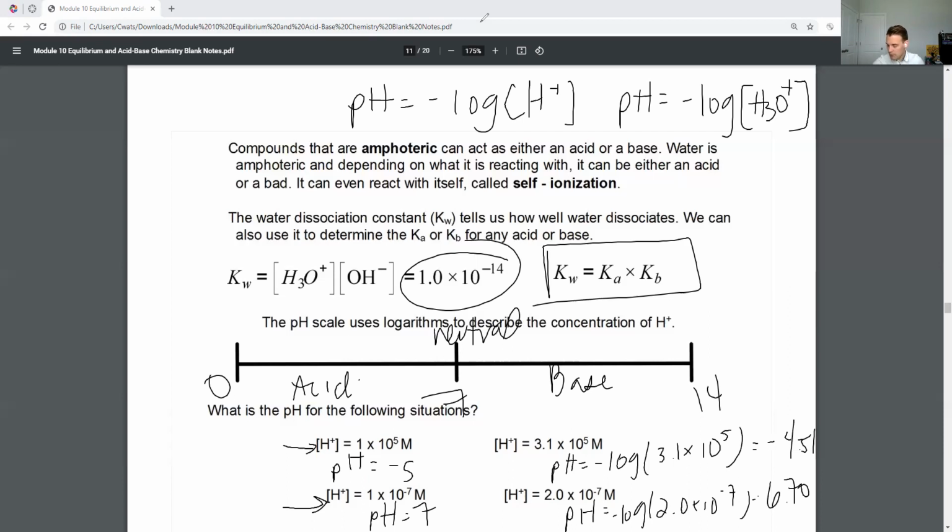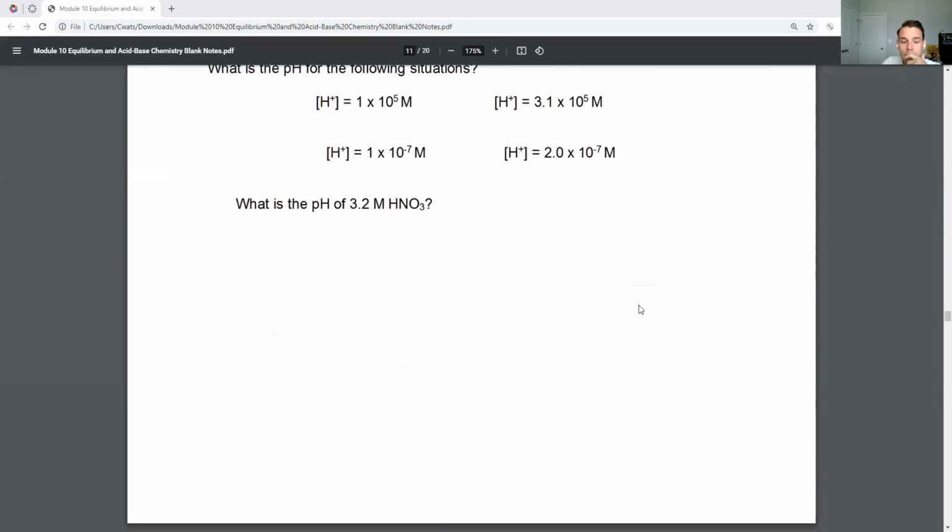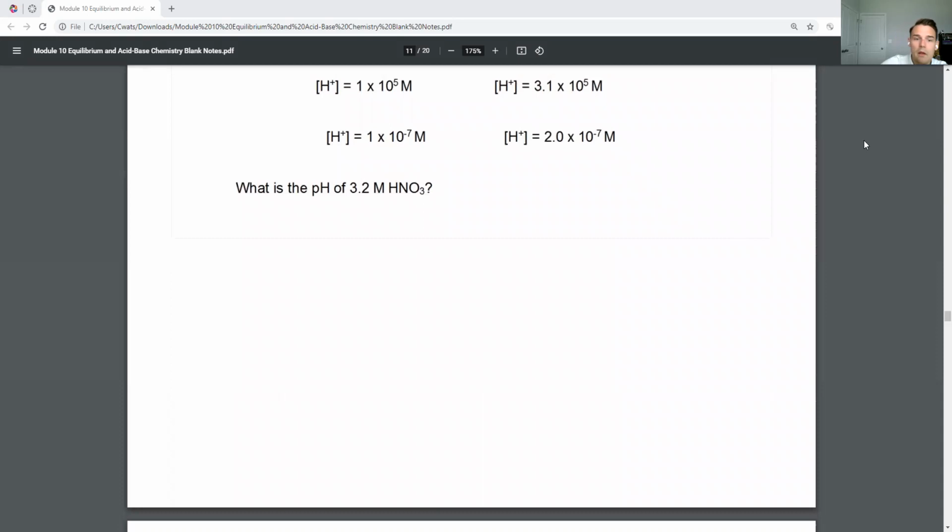Okay, very straightforward, very simple. The negative log of the H plus concentration. When you put it in your calculator, pay attention because you're probably going to forget to put the negative sign in front. So pay attention to that.